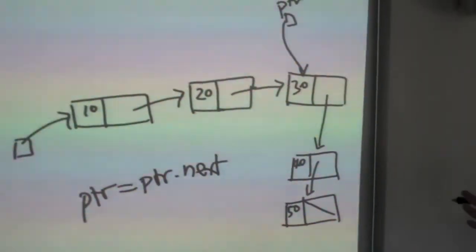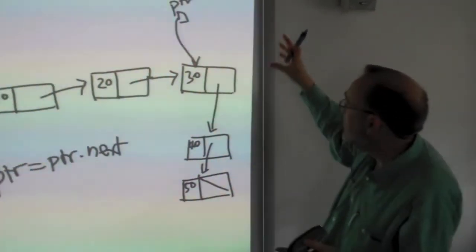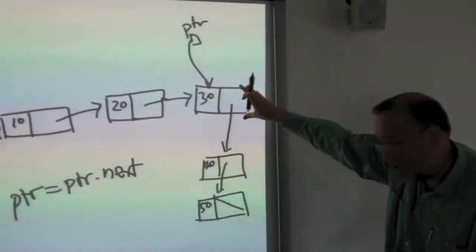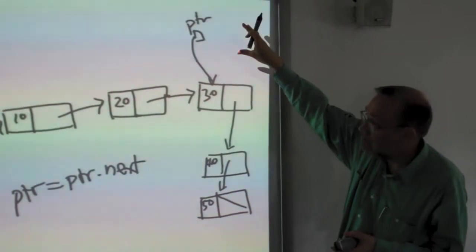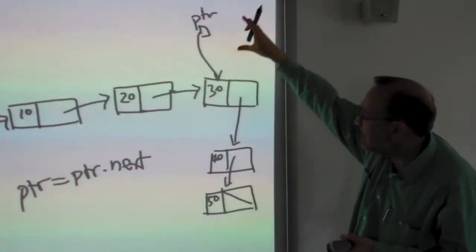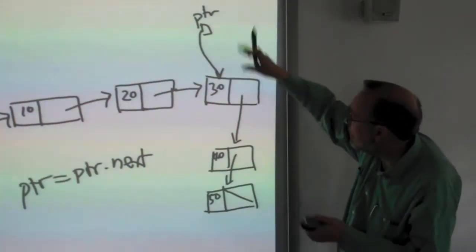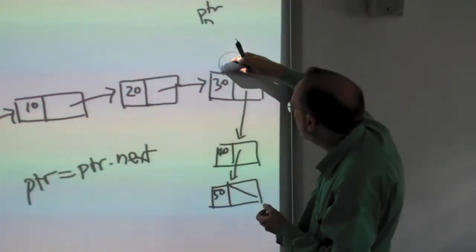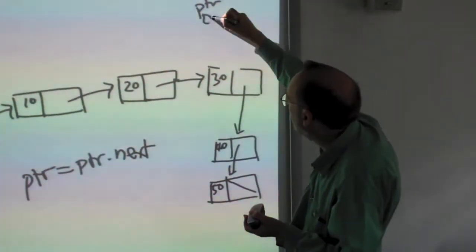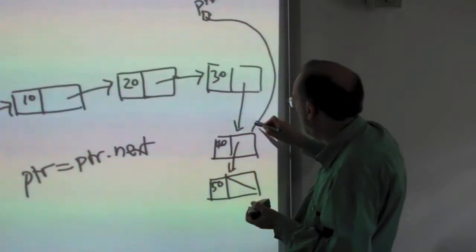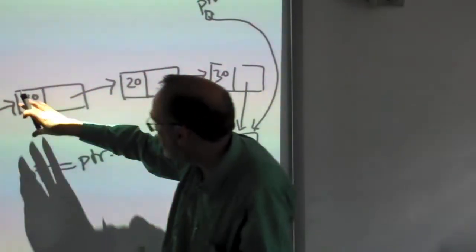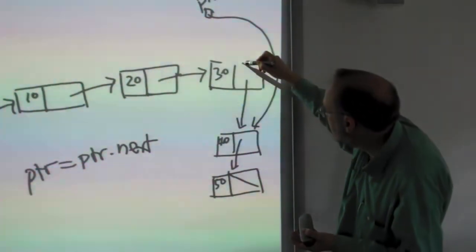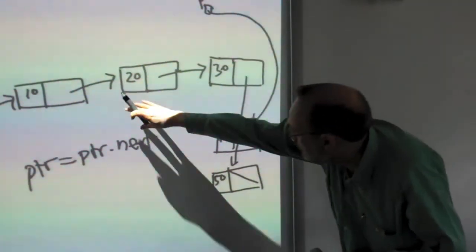It's a common mistake I find, people assuming that this will delete the 30 from this list. It won't work because pointer is just a variable. If I say pointer is pointer next, it will change the value of this variable. So pointer now becomes pointer next. It doesn't change the list, it doesn't change the structure. Nothing internal to the structure has been changed. This is still 10, 20, 30, 40.